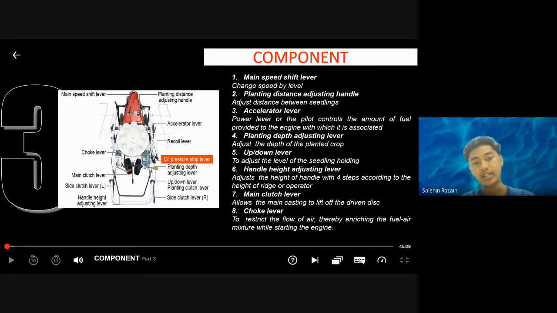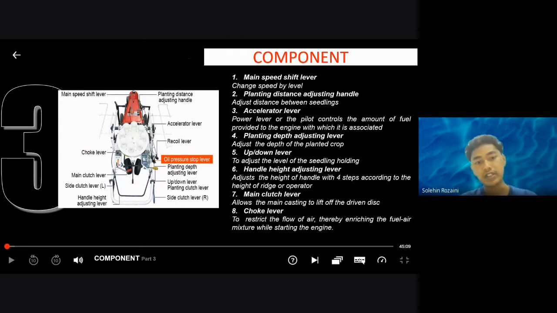Next, the handle height adjusting lever to adjust the height of the handle according to the height of each operator, because everyone does not have the same height.